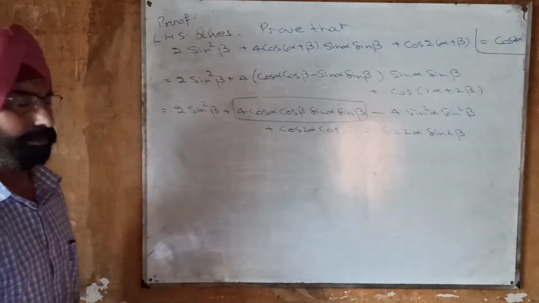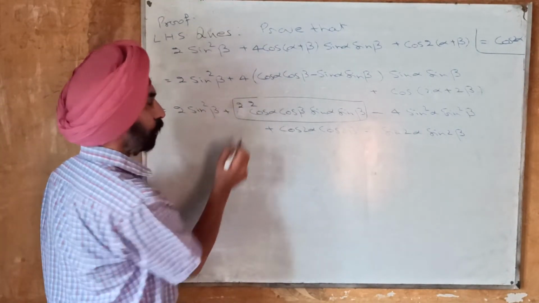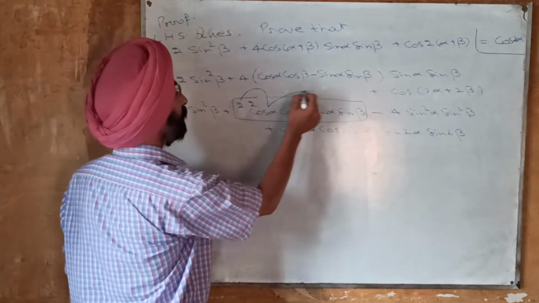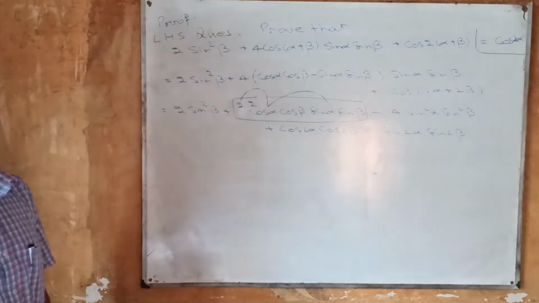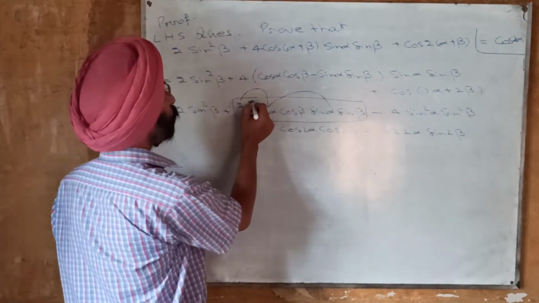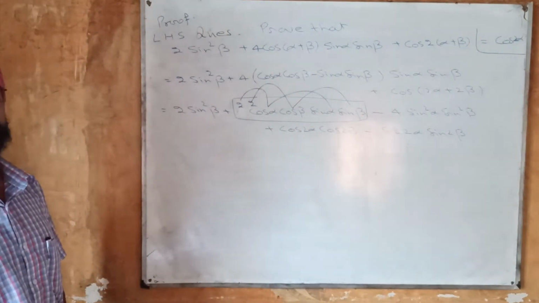Look at this term. This 4 I am going to write as 2 into 2. So this is 2 cos alpha sin alpha. 2 cos alpha sin alpha is sin 2 alpha and 2 cos beta sin beta is sin 2 beta.